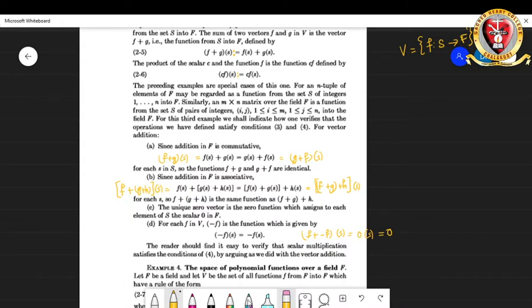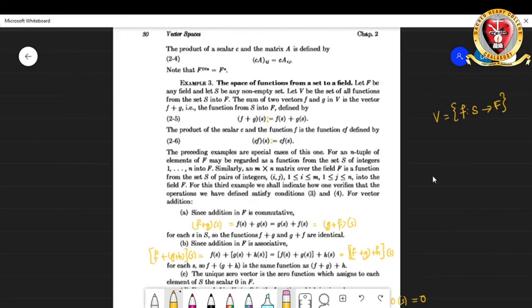So you get the four criteria for the addition, and similarly you can work out the four criteria for scalar multiplication, which you should verify, to see that it is a vector space. So it is a vector space. That is the third example.